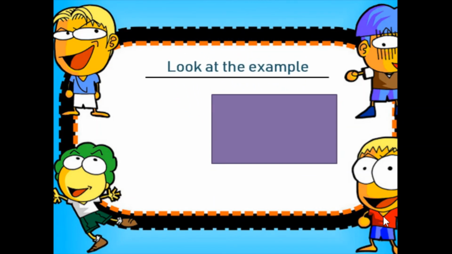Last example for comparing fractions and decimals. 3 eighths, 2 ninths. I will just slide, click, and you try to think the steps in comparing them. Okay?